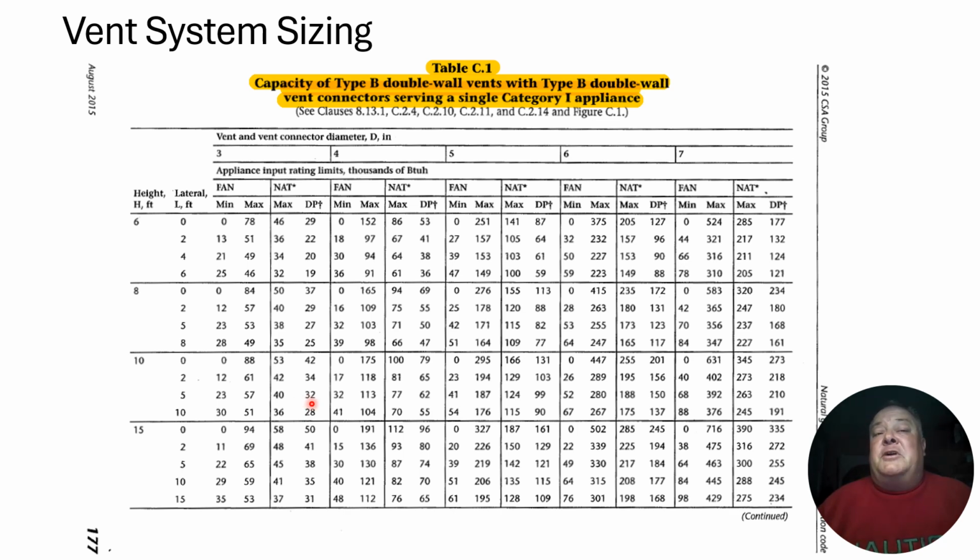So what we're going to do is we're going to come over. Now, it's a 50,000 BTU natural draft water heater. So I'm not going to worry about the fan assist because this appliance isn't fan assisted. So I'm going to skip over here to these two, which is going to now give me a new capacity of 77,000 BTUs. Or in the case where we have a depressurization appliance, such as an exhaust fan, we're going to be looking at 62,000 BTUs.